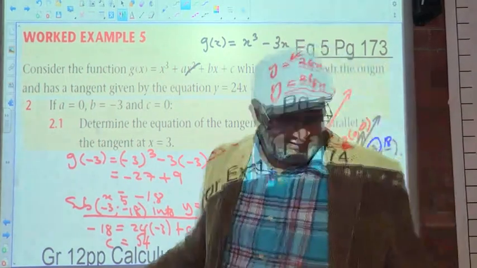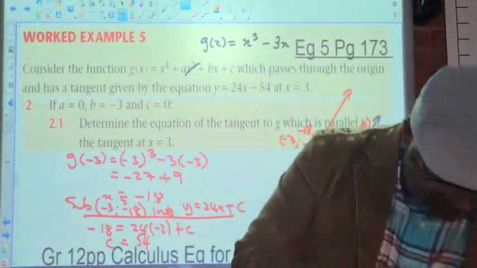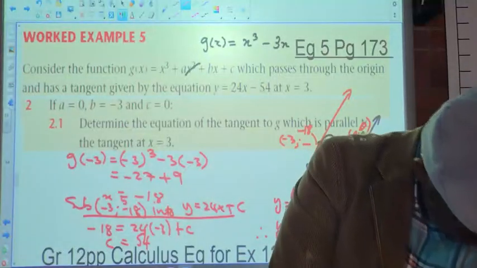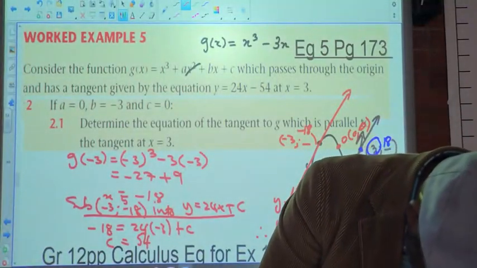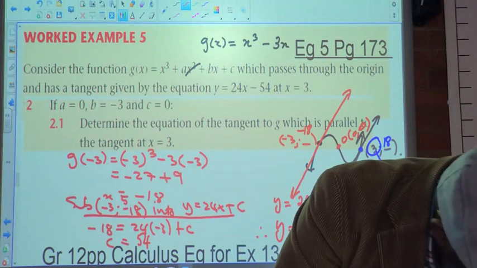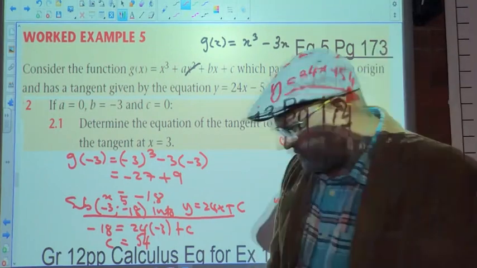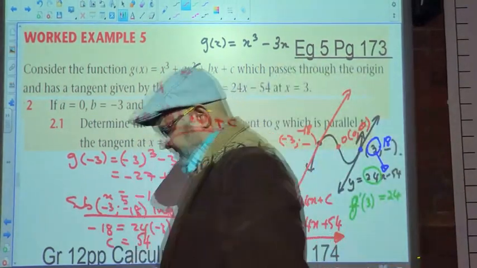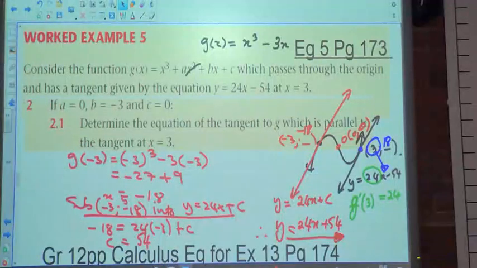To check if that's correct. Yeah, 24x plus 54. Any confusion there, people?